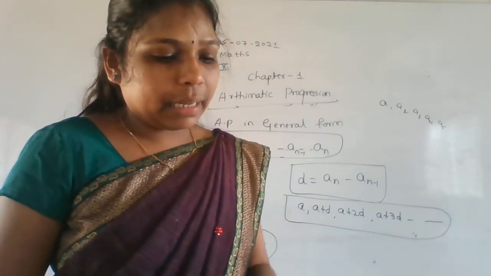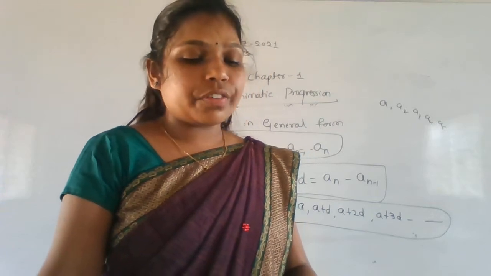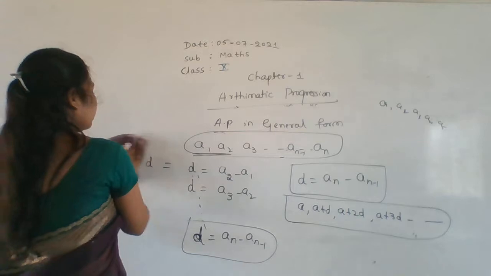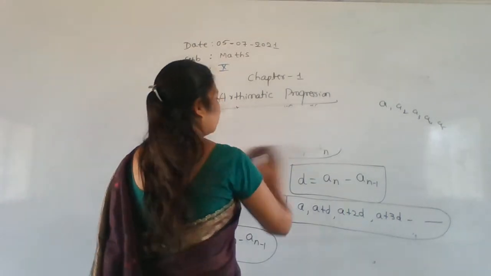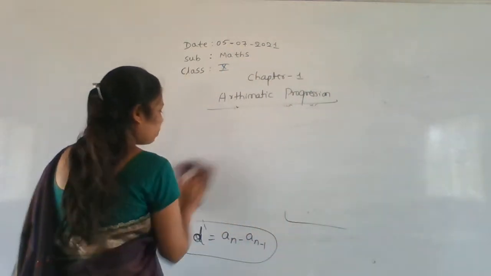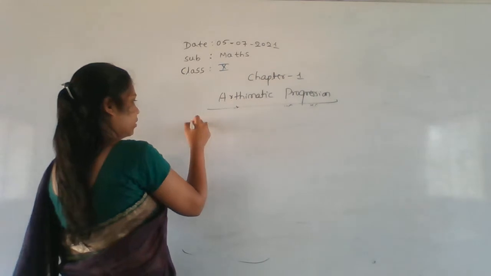For the AP 3 by 2, 1 by 2, minus 1 by 2 and minus 3 by 2, write the first term and the common difference. They have given our progression here. So example number 1 is like this.